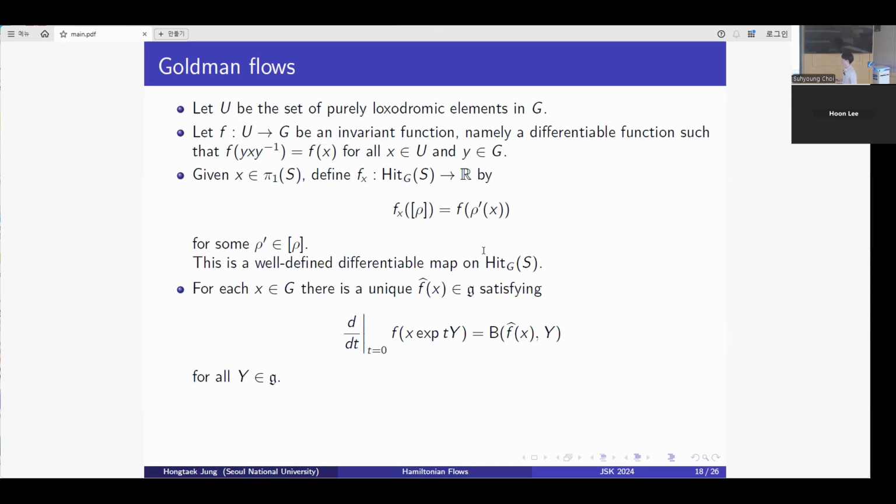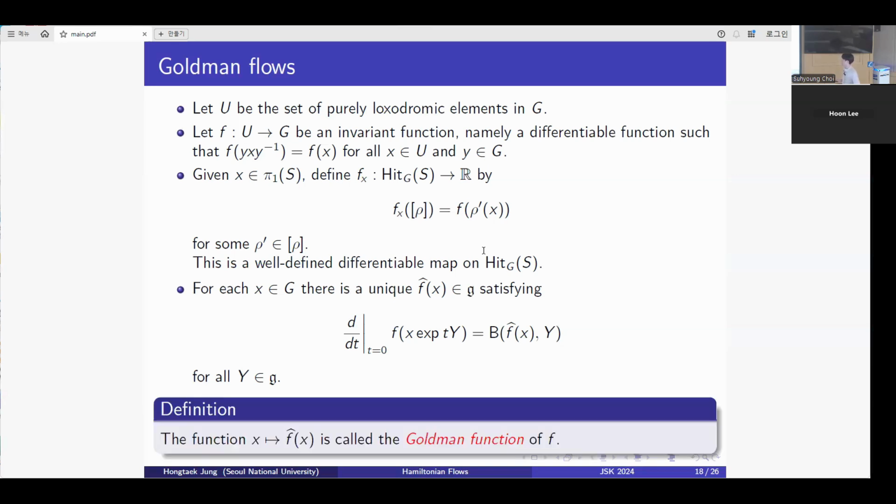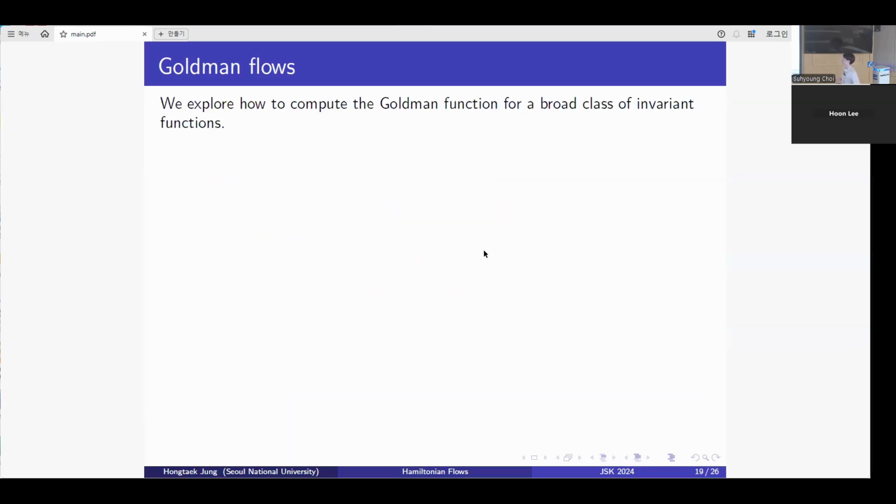Because B is a non-degenerate symmetric form, we can always find an element that satisfies this condition for all y. And this function that associates to x the Lie algebra element satisfying this relation is called the Goldman function of f. Yes, please.